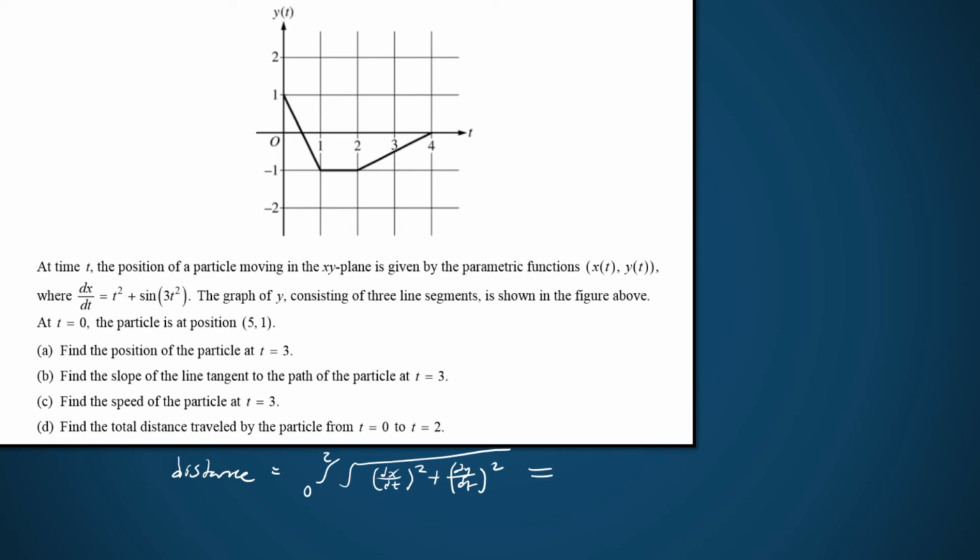I don't get it. Okay, I'm going to try to walk you through it. So forget the integral for a second. If you wanted to know the slope of y at 0.5, what would it be? That's minus 2. Minus 2. What about 1.5?